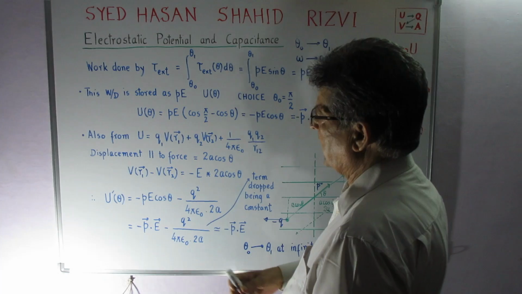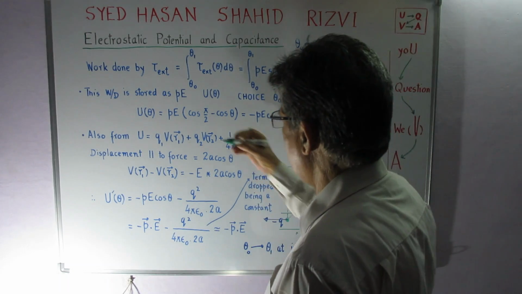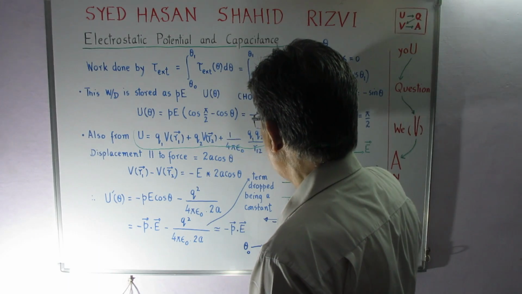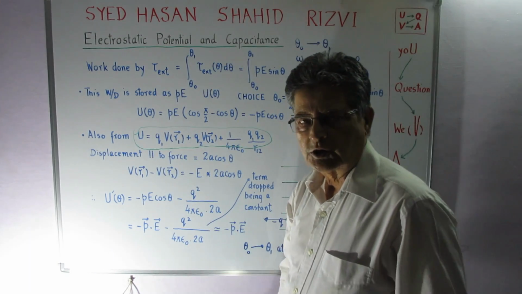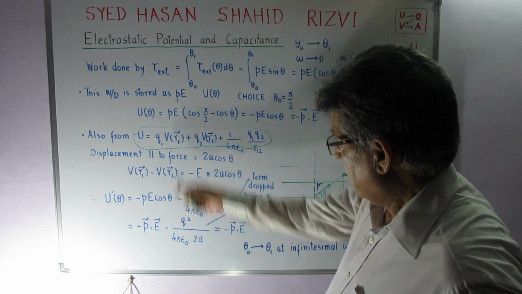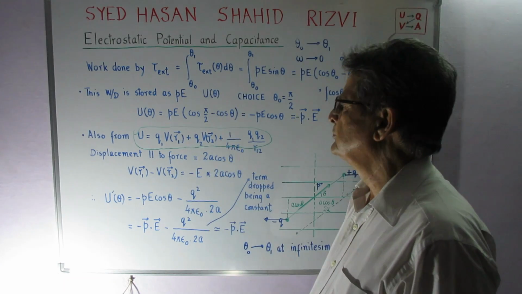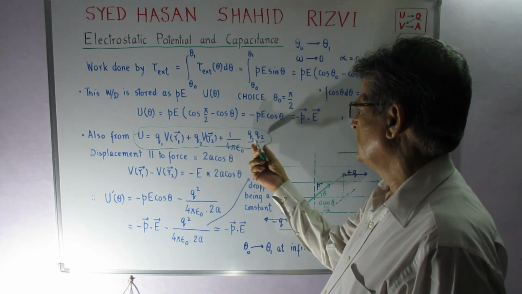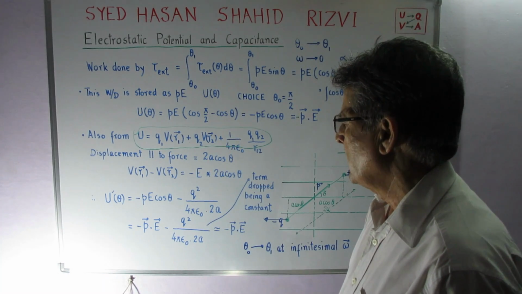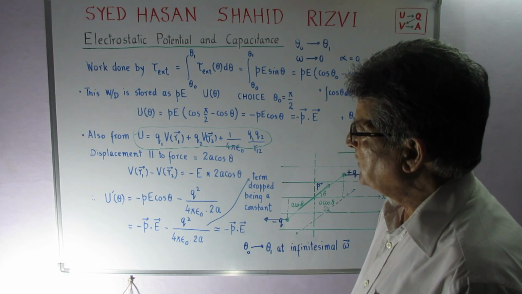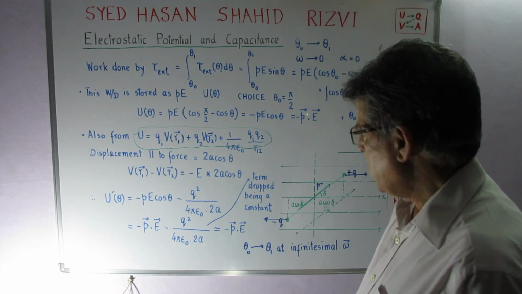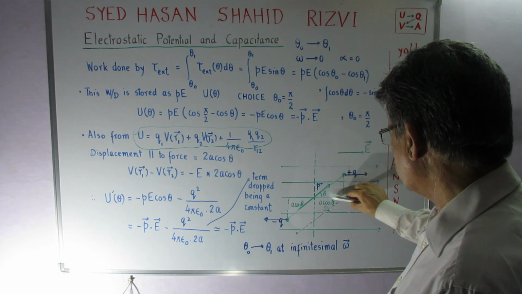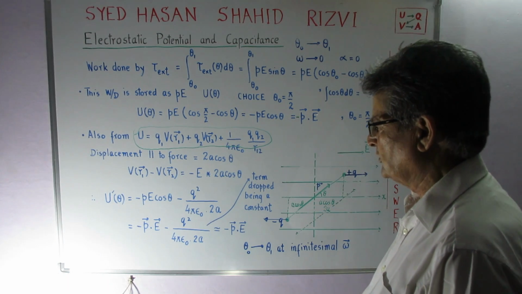The same conclusion can be made from the equation that we had for two charges, q1 and q2, in the same lecture. So U is equal to q1 V(r1) plus this. This is what we obtained. Now there is a displacement parallel to the force, and displacement parallel to this force is equal to a cos theta plus a cos theta, which is 2a cos theta.